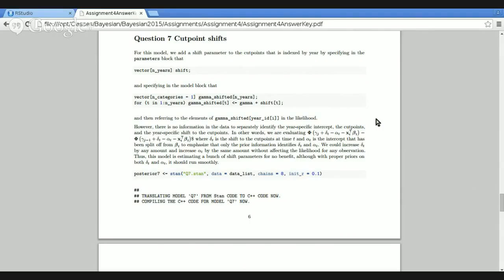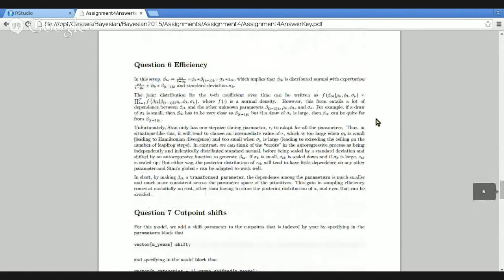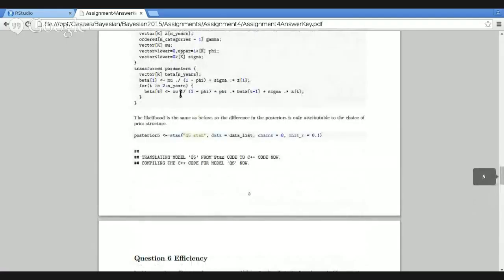probabilities under the likelihood. And so then you would just be estimating a model where the only information you have to distinguish delta, which I use for the shifts, and alpha, which I use for the intercept, is your priors, in which case you would just be estimating more parameters but not getting any improvement in fit. But the part where I may have been wrong was with this specific assumption about how the initial period is formed, because we didn't have a beta to lag against.